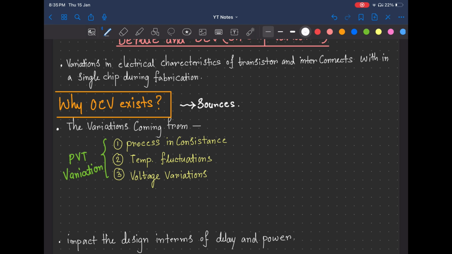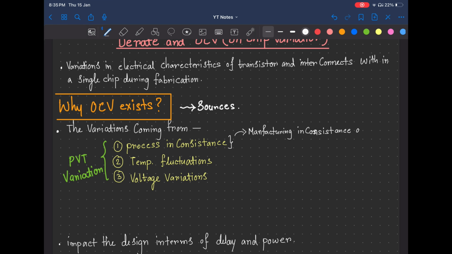Manufacturing inconsistency, the process inconsistency across the wafer, can happen. How is that happening? Because when we go for fabrication in the foundry, we mostly use the photolithography and lighting process, etching and those things.